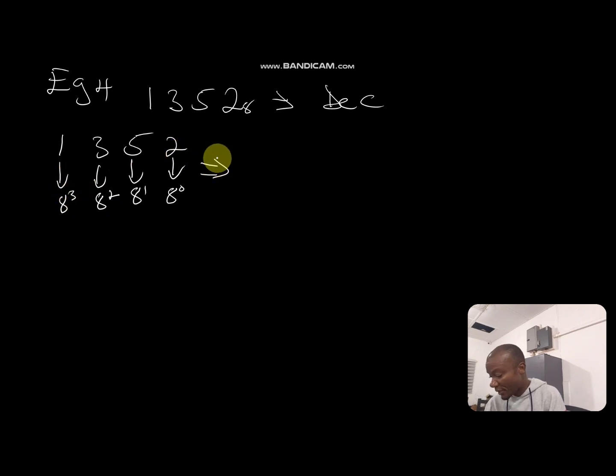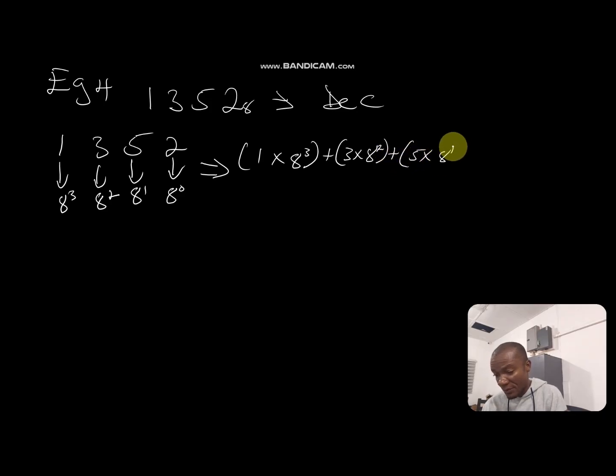So when we come here, we have 1 times 8 raised to the power 3 plus 3 times 8 raised to the power 2 plus 5 times 8 raised to the power 1 plus 2 times 8 raised to the power 0.